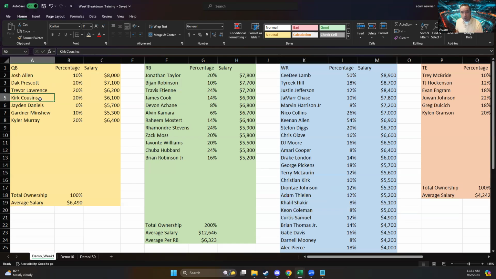If this were to actually play out in real life, and what will probably happen if you allow James Cook to be a bring back on the Kyler stack, is that almost all of the Kyler bringbacks are going to be James Cook, because there's not much rostership to go around on the pass catchers left. And so you're going to have a bunch of Bills, but only in the game environment. You're not going to have Bills one-offs. And James Cook is going to be tied at the hip to Kyler Murray.